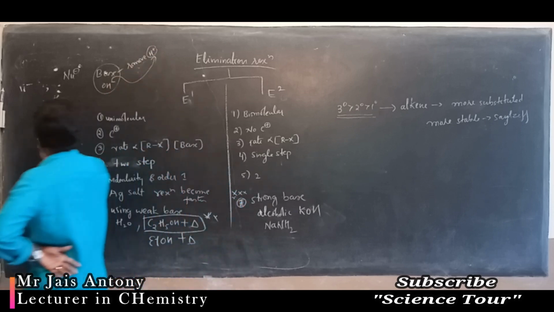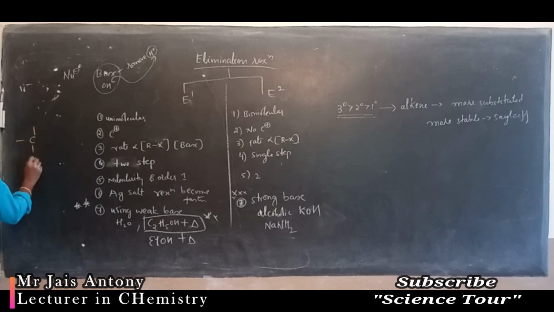Understood? For example, here one bond is there like this. If the base OH is taken, it will come and attack this particular H plus. This will be removed and this bond comes here. This bond comes here and it forms an alkene like this.